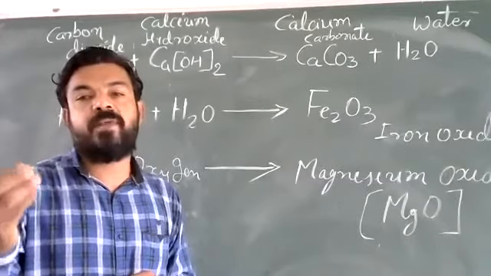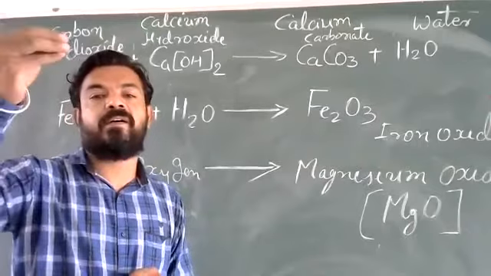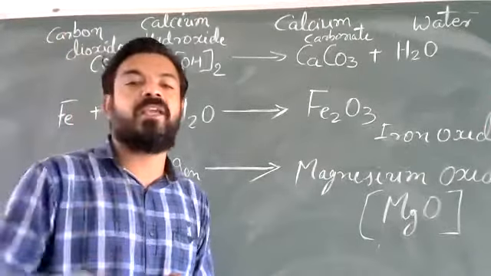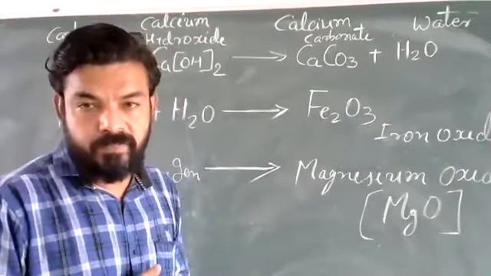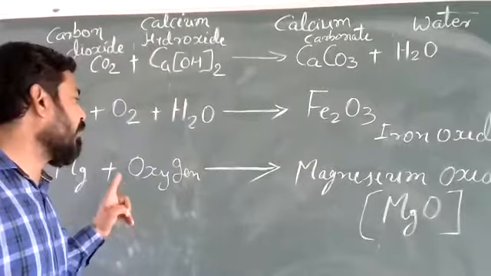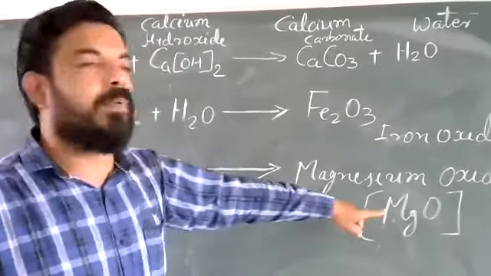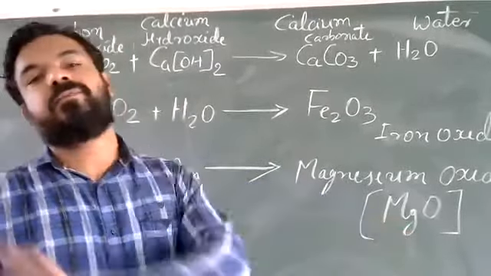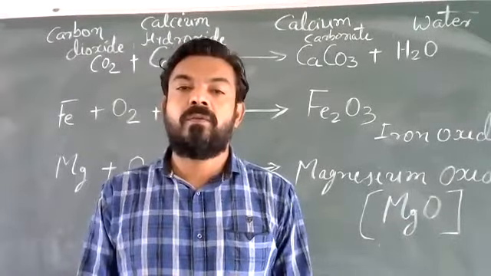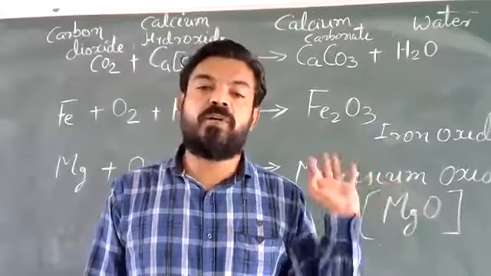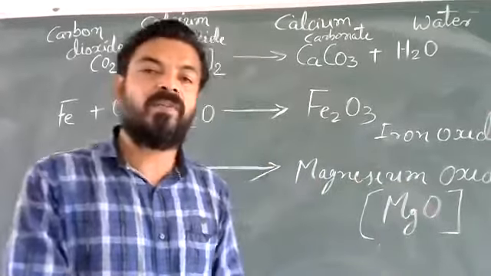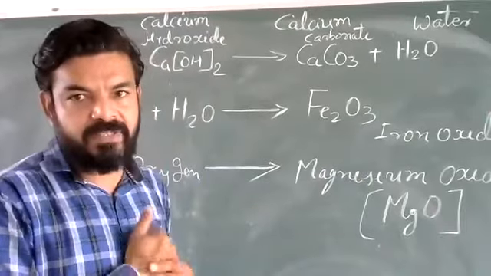When you burn magnesium ribbon, you will have oxygen present in the environment, and it will give powder form. The combination of the magnesium ribbon plus oxygen will give magnesium oxide. So this is also a change from solid to powder form, ash form. You can tell that.